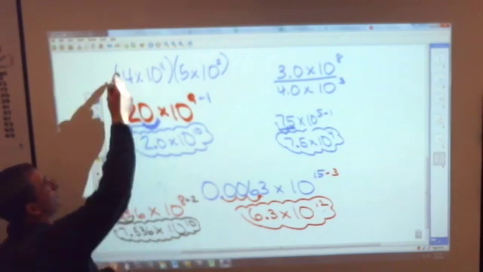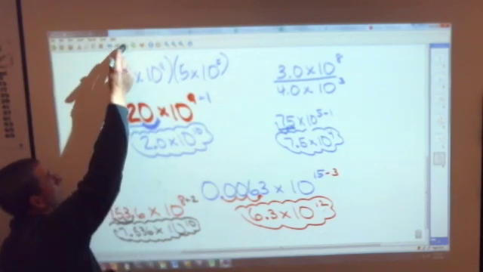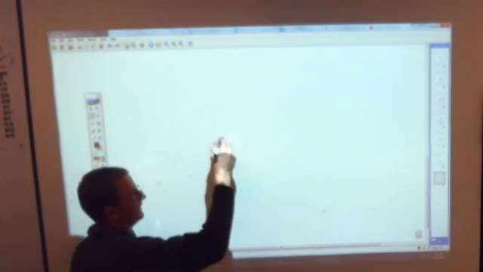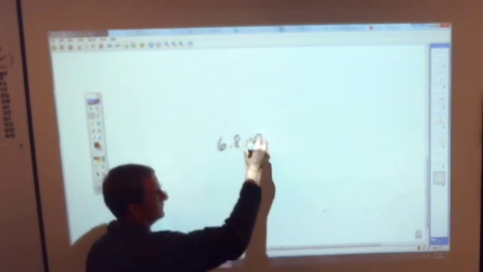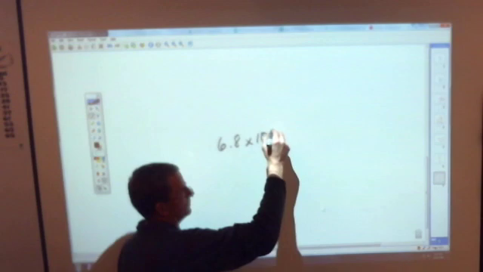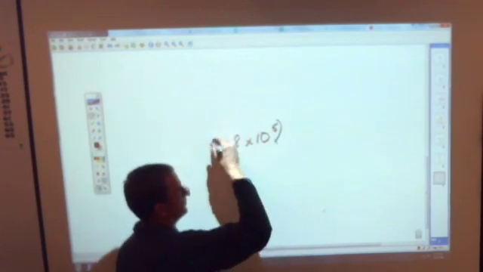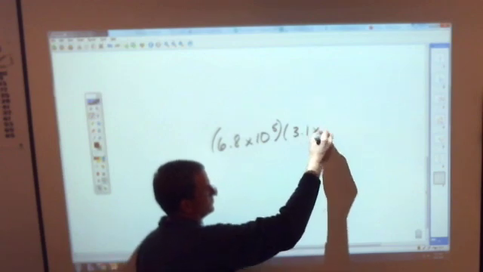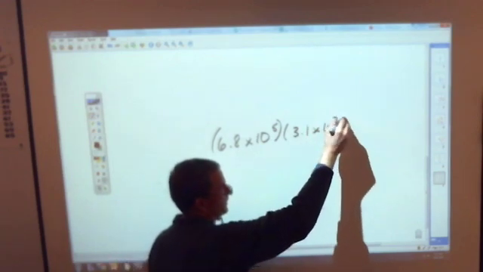Now, just to help you understand why this would be beneficial to you, take a look. If we did not have scientific notation, let's say I had 6.8 times 10 to the 5th power, and I was multiplying that by even 3.1 times 10 to the 7th power.